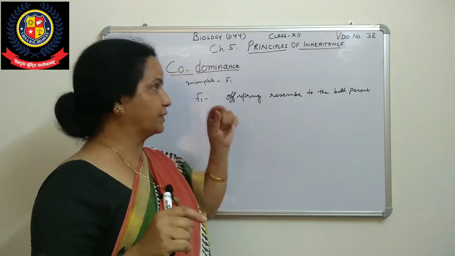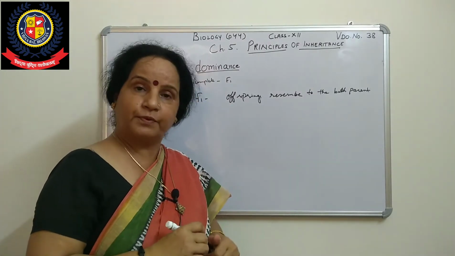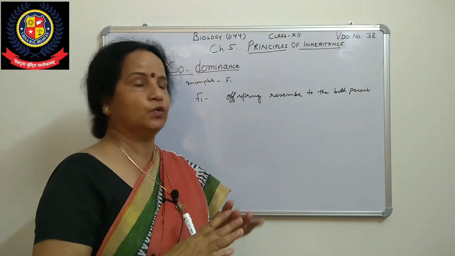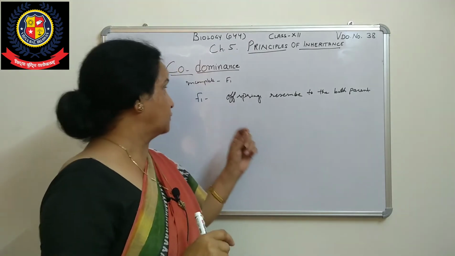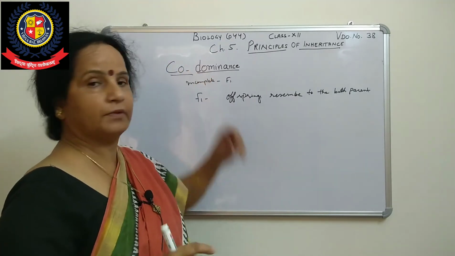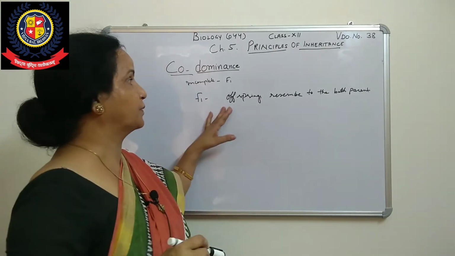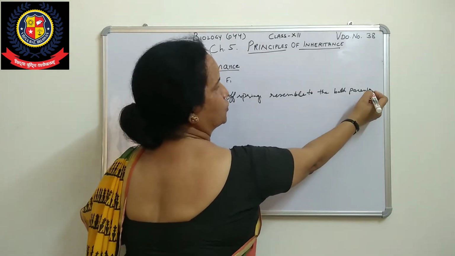So in incomplete dominance, the offspring in the F1 generation are not similar to either parent. But in codominance, the offspring resemble both parents.